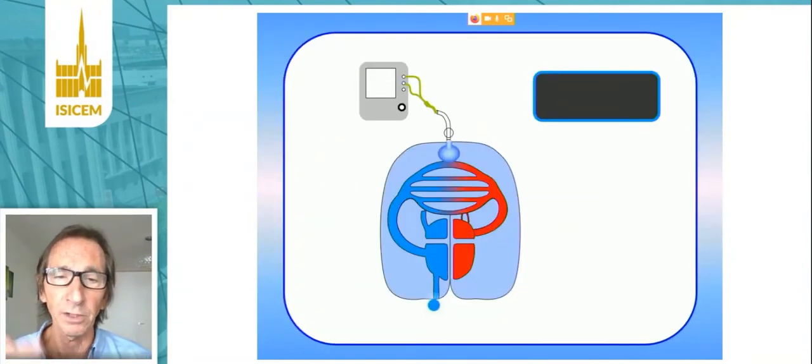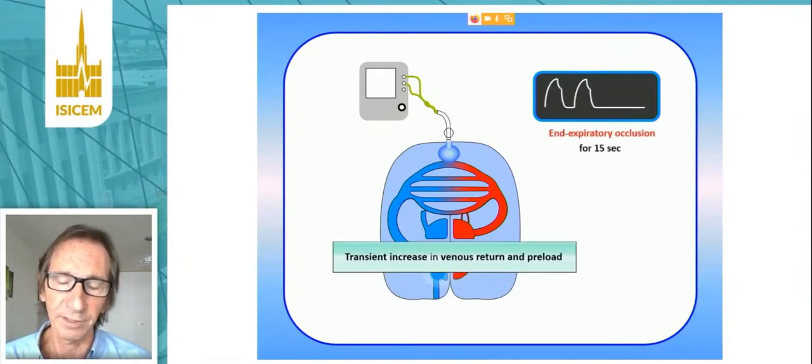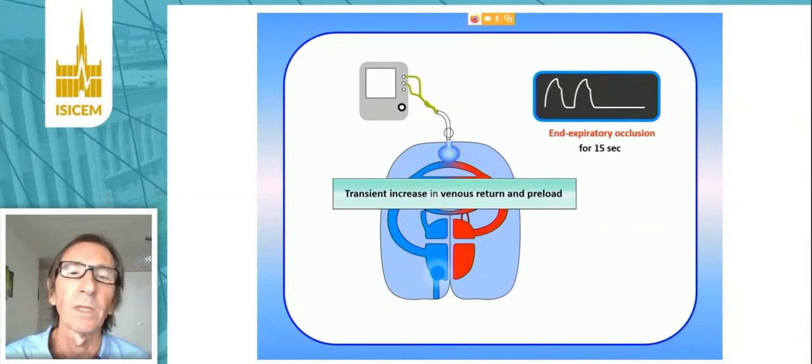The principle is that during each mechanical insufflation, you have a decrease in venous return and preload. So if you interrupt the ventilator at the end of expiration for 15 seconds, for example, you should have a transient increase in venous return and preload.